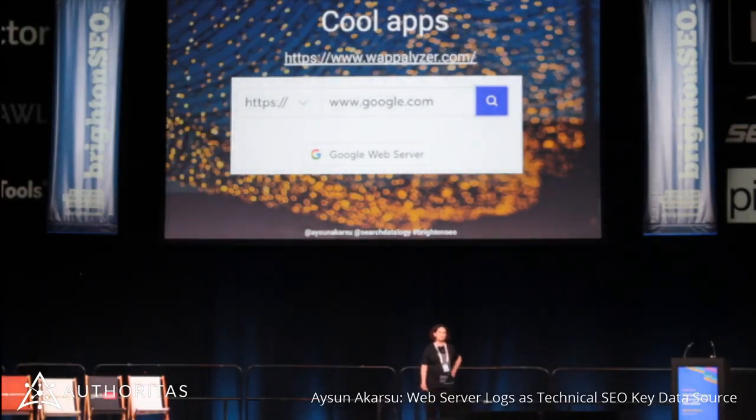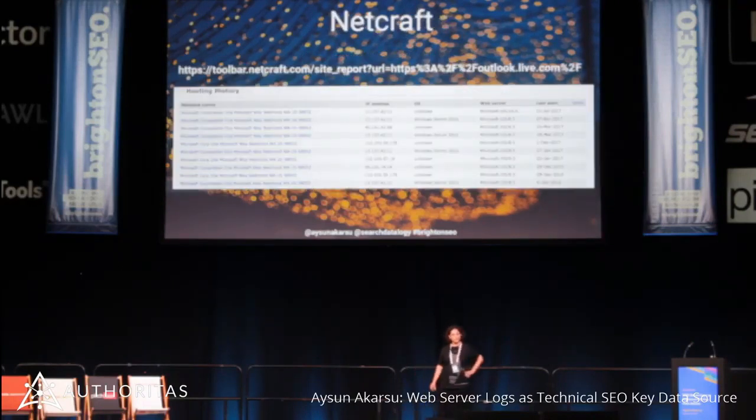And also there are some cool apps which can tell you the web server of a website. I also recommend taking a look at Netcraft because you can find historical information of the web servers on the site. This can be helpful if you are planning to collect years of data.